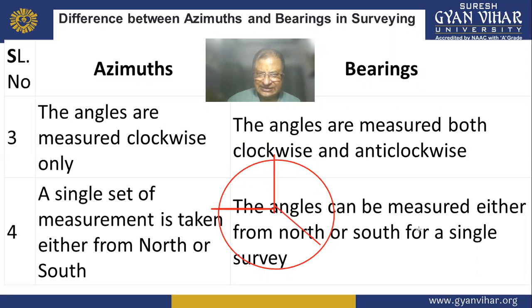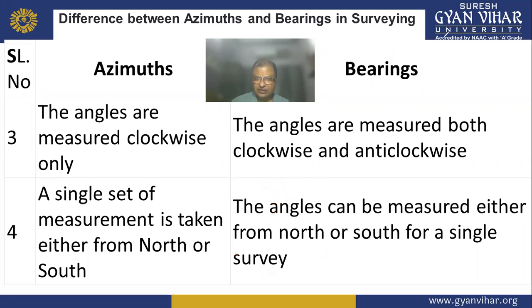Now see this: in this you can take it as azimuth. What is this angle? This is 270 degrees. But in bearing, this bearing can be said this way, this bearing can be said this way, and this bearing can be said this way. So this is the difference. Clear?